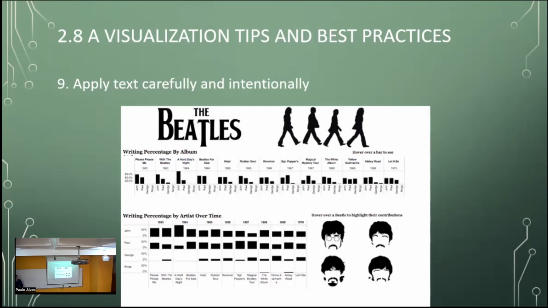Like Coca-Cola is another font that was created for a brand. Okay? So you have to use text carefully and intentionally, and the way this is organized, all in black, and the shadows of the members of the band, it has an intention to emphasize the story of the band. Okay.